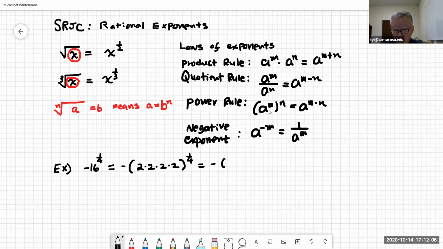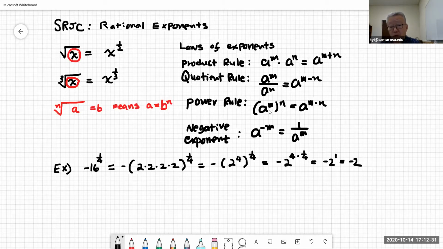Because that's 16, you can rewrite it using the exponent, which is 2 to the 4th. So you get 2 to the 4th to the 1/4. Applying the power rule, it's going to be minus 2 to the 4 times 1/4, but that's just 1. So your answer should be minus 2.